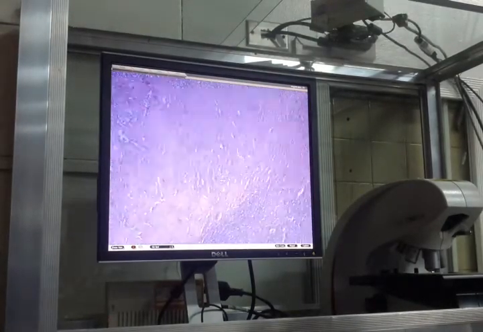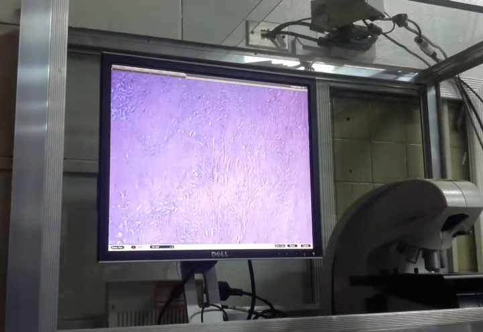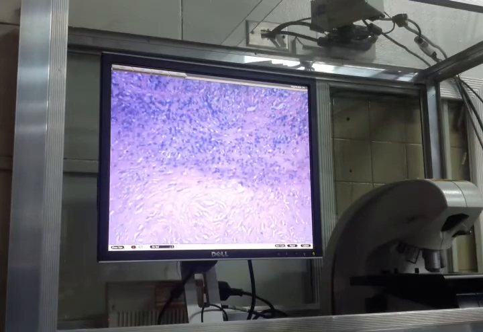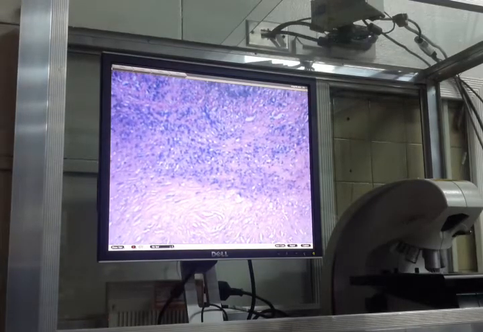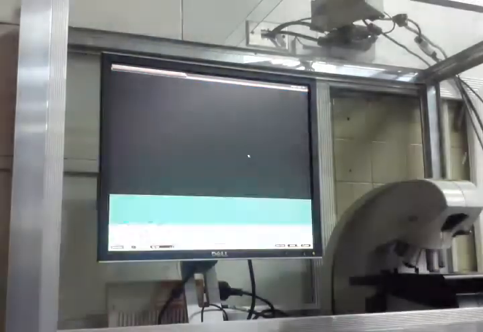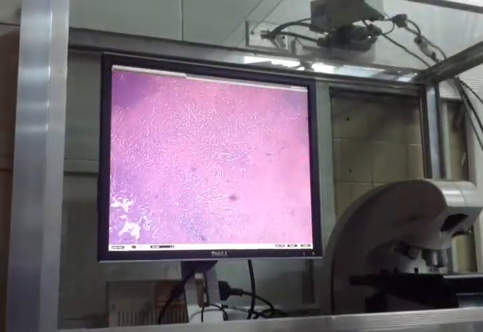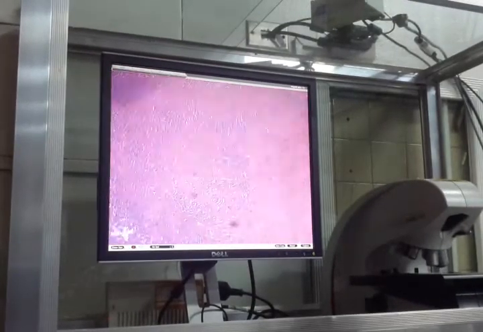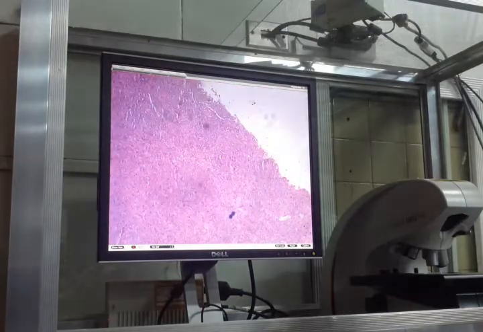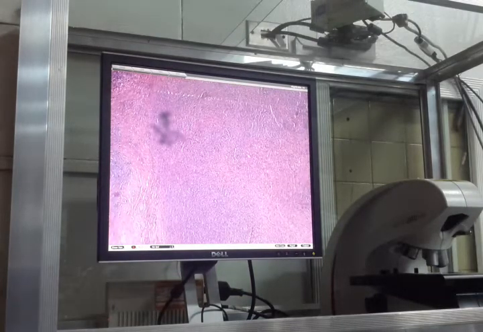Where is the edge of this? Same slide. Same slide. This is caseous necrosis, correct?